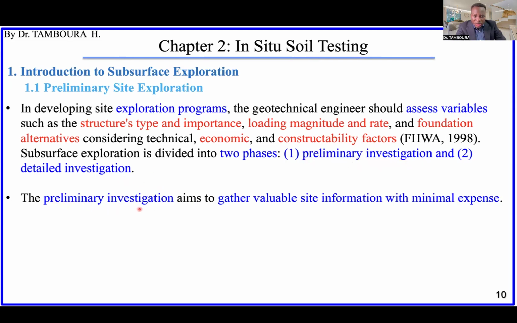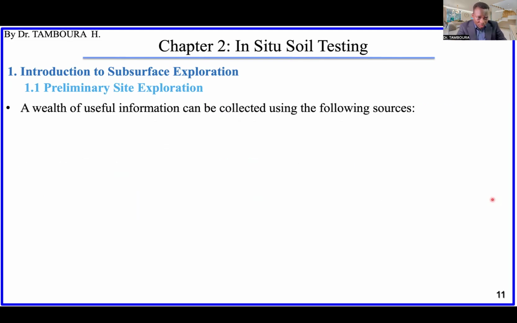For the preliminary investigation, we want to gather valuable site information with minimal expense. You will not need to spend a lot of money. Sometimes you can get some information just by being in the office.